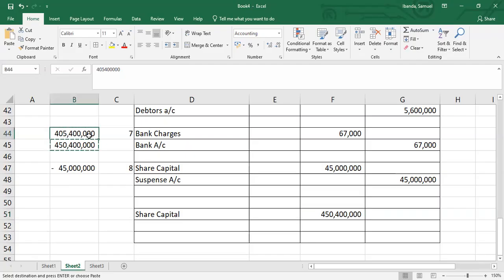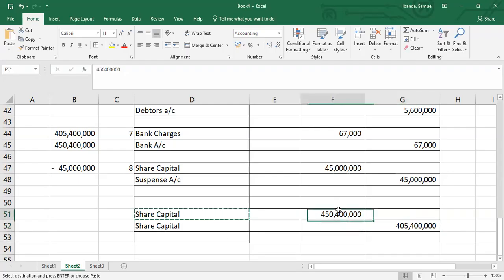The next thing you have to do is post the right thing, which is the share capital. So you're going to debit to correct what you did, and then you're going to post this amount, which is the right value that should be there.